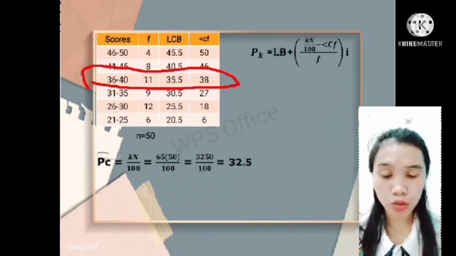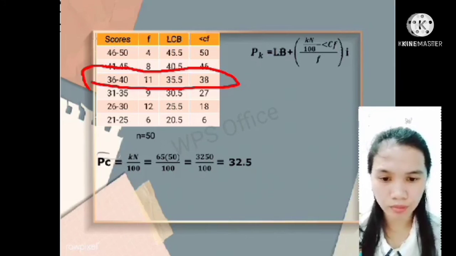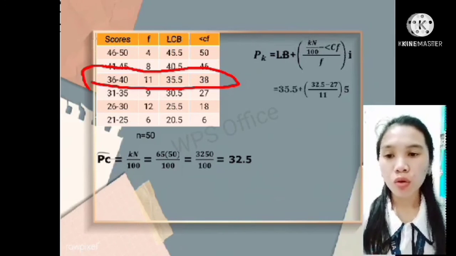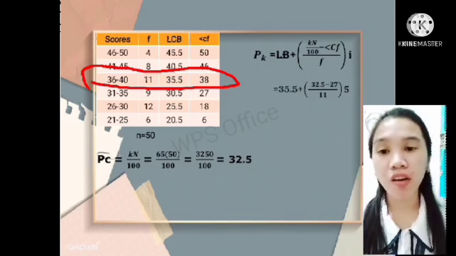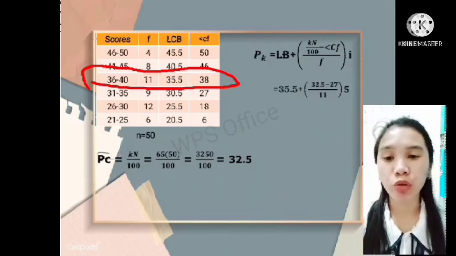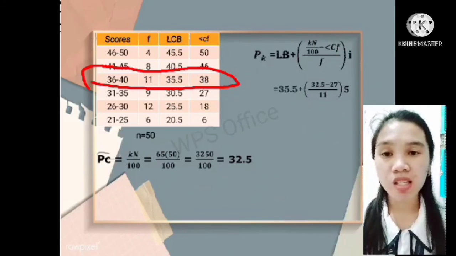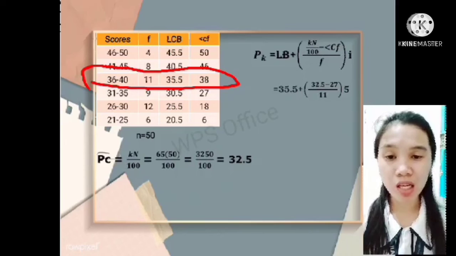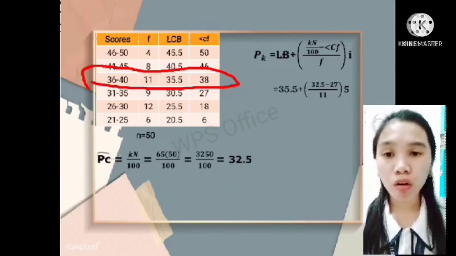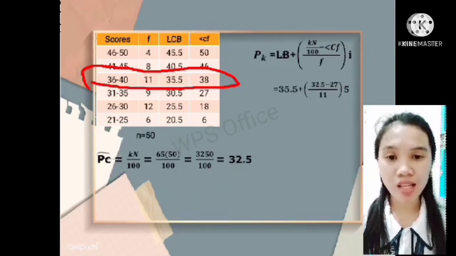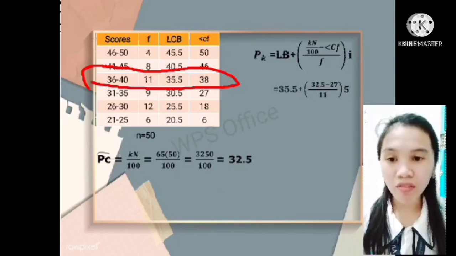So, we're going to substitute: LB or lower boundary, 35.5, plus kn over 100, which is 32.5, minus the less than cumulative frequency, 27, over the frequency, which is 11, times the class size, which is 5.